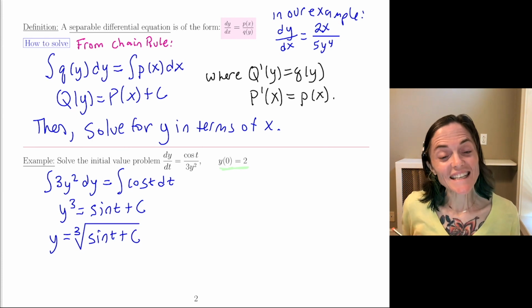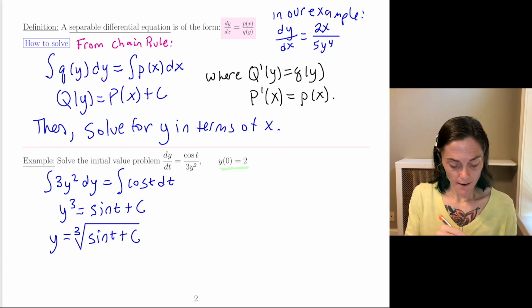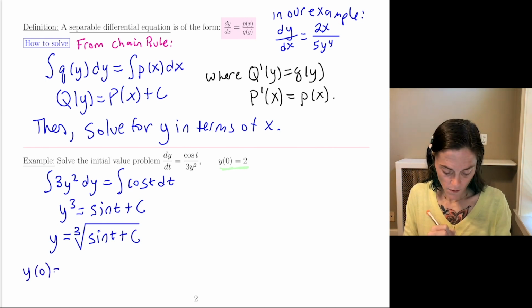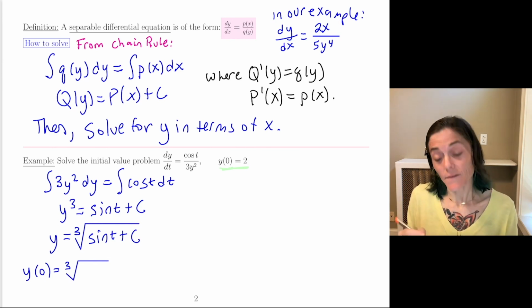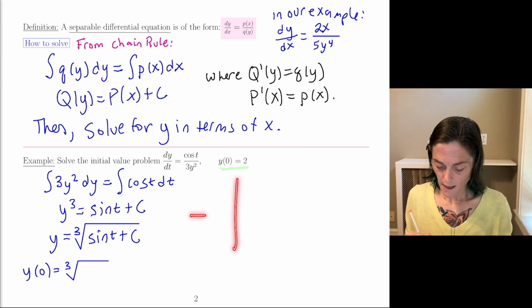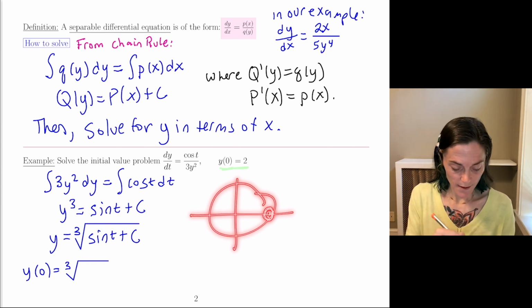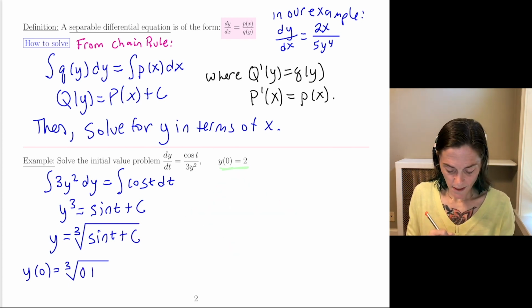We need to use our initial condition to solve for c. So let's do this down here. y of 0 would be the cube root of the sine of 0, okay, 0 is right here. The sine of 0 is 0. So we have 0 plus c.